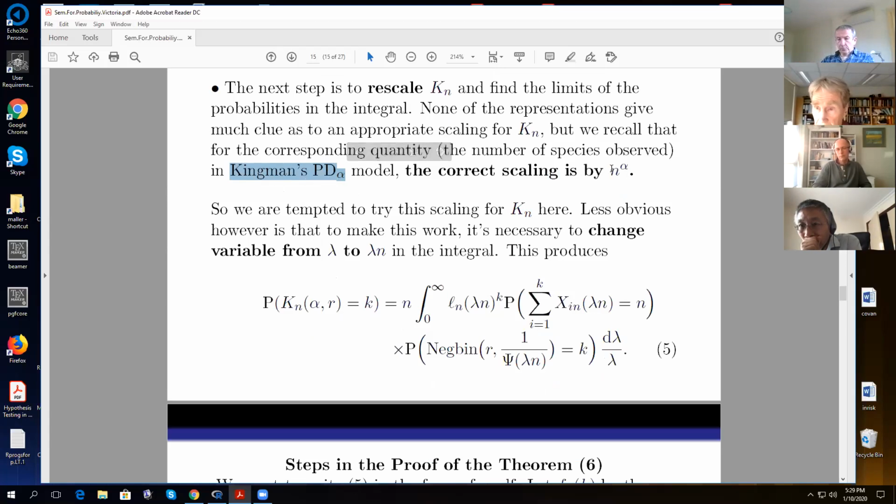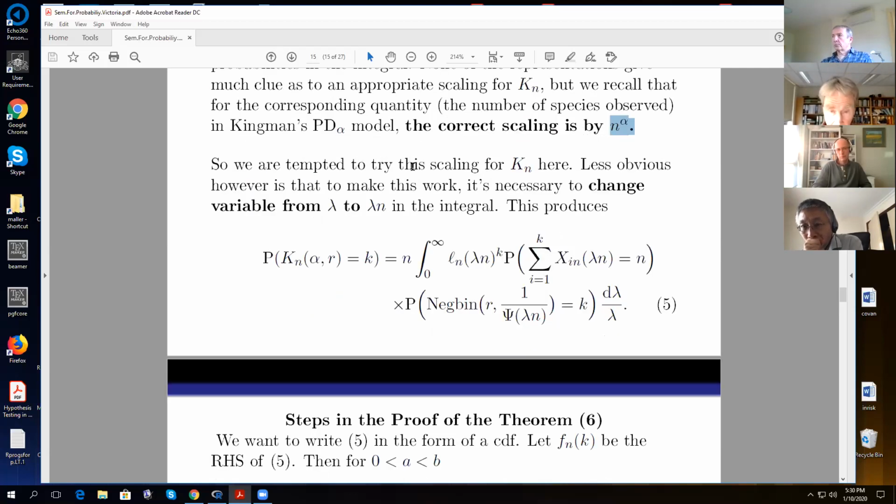The correct scaling by n to the alpha is given in Pitman's book, and it's relatively simple there to deal with this Kn: divide it by n to the alpha and take the limit, because the distribution there is written quite explicitly. When you divide out the n to the alpha and take the limit, you get a Mittag-Leffler distribution. And the way of doing that is written out in Pitman's book. I'm not quite sure who first proved that, but you'll find it in that book.